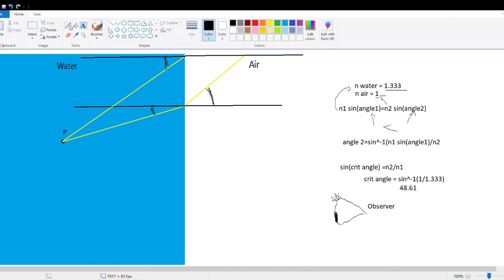So if we have an angle that starts from the object P and it goes to 48.61, so let's say like this, with the normal, we will find the critical angle. So if this angle right here was 48.61, we would have a ray on the other side that is equal to 90 degrees.